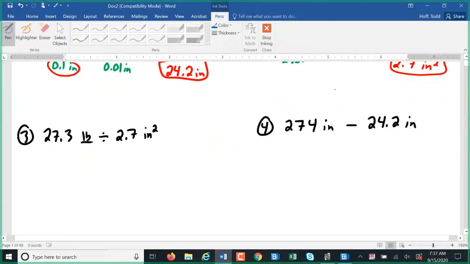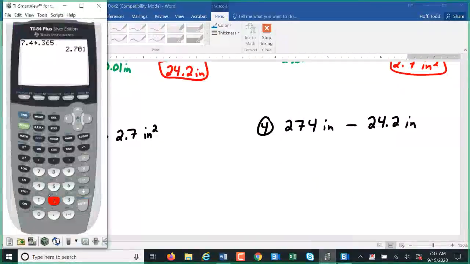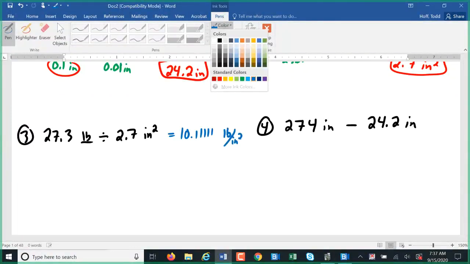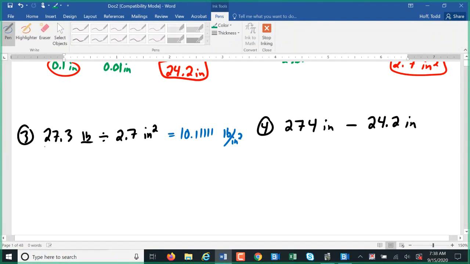Number 3, we have to divide 27.3 divided by 2.7. We get 10.111111. That'll be pounds per square inch. Again, this is division, just like multiplication. We count the number of significant digits. This has 3 significant digits.